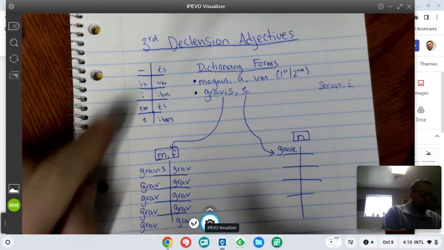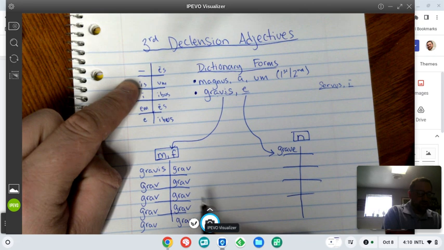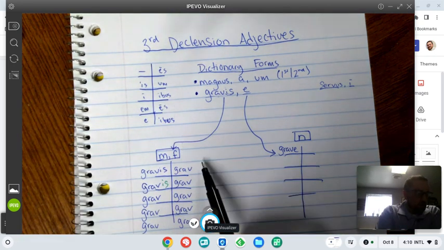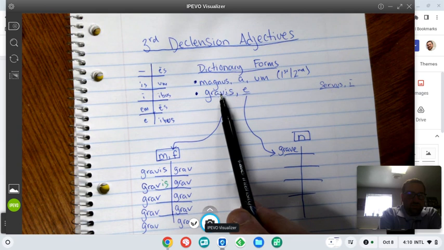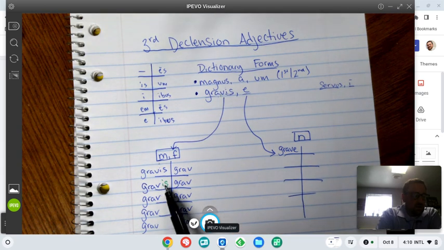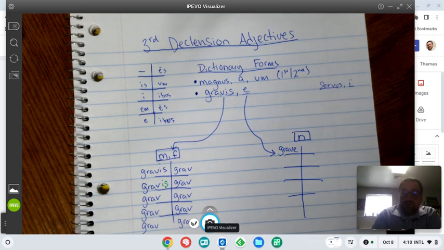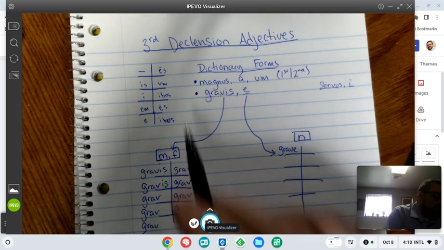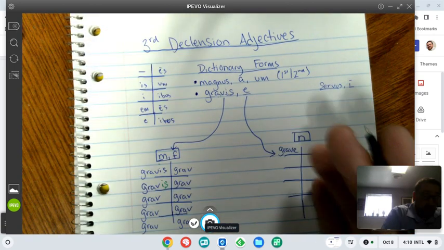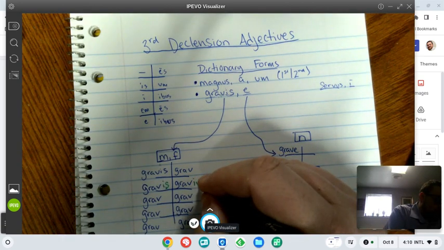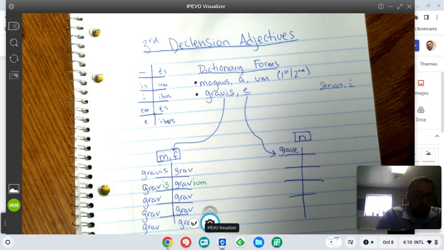We know third declension has to end in -is, so we have gravis again. So gravis is the nominative, but it's also the genitive, and that's nothing new. We've seen nouns like that before where the nominative and the genitive were the same. Collis, collis, for example, was one of those. So all third declension adjectives are i-stems, which means instead of gravum, it's going to be gravium. It's going to be gravium.